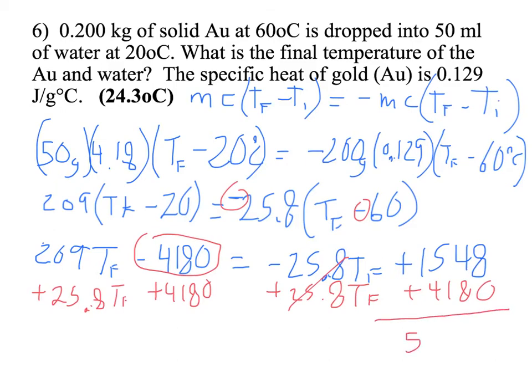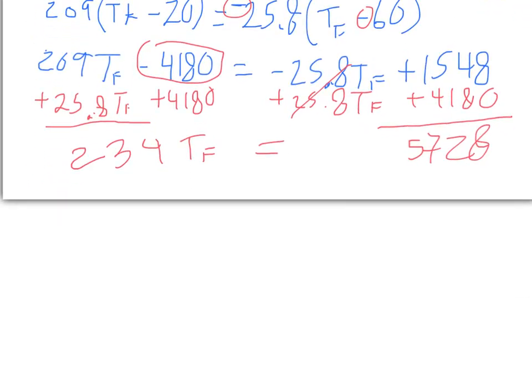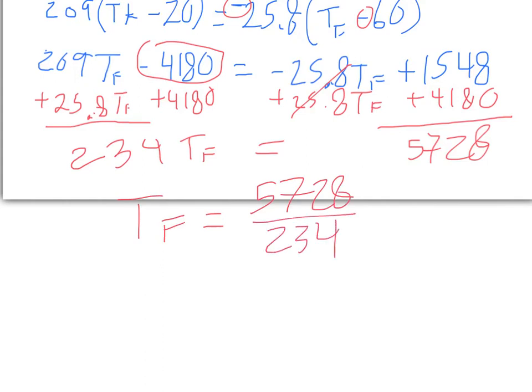I get 5728 is equal to, draw a line here, 234 TF. Now we can just go on and solve it. TF is equal to 5728 divided by 234.